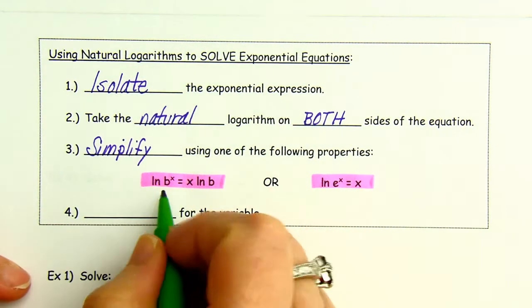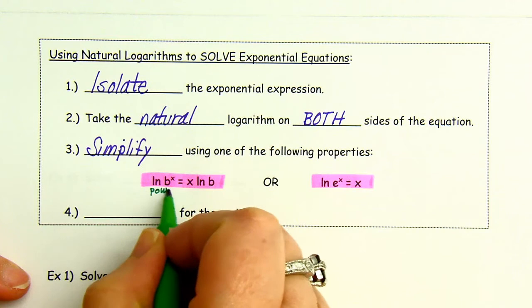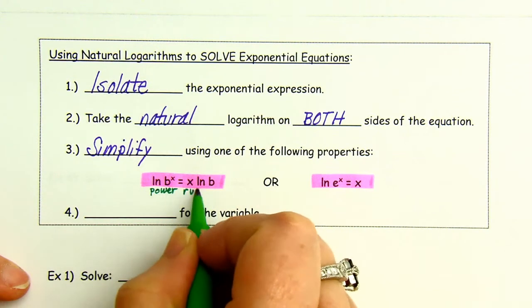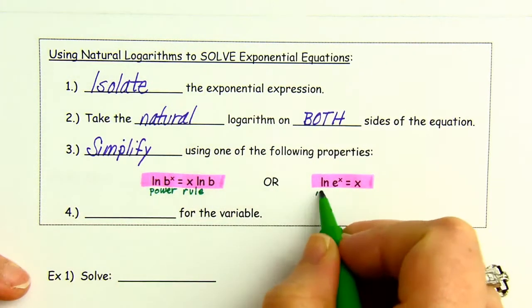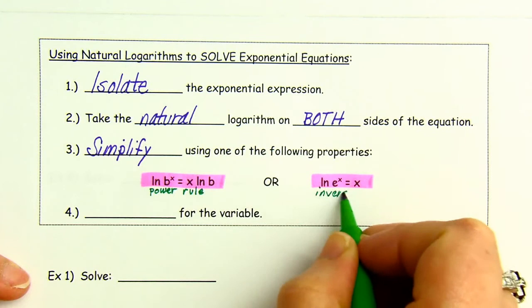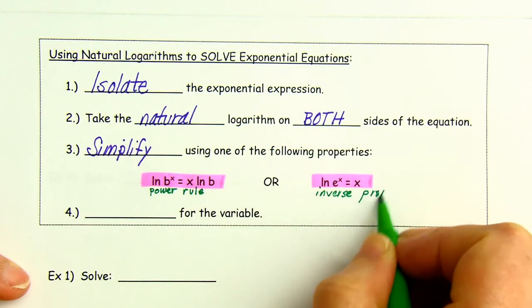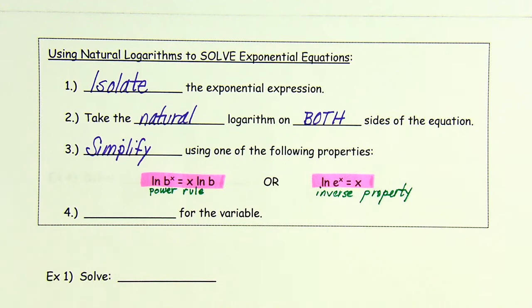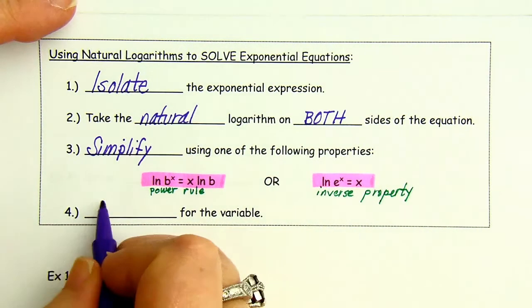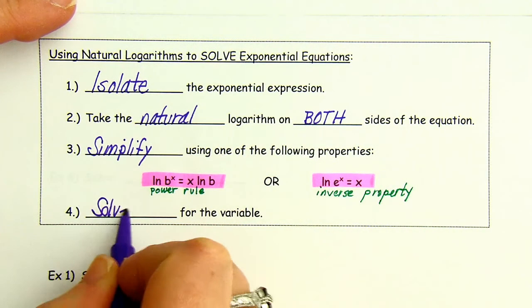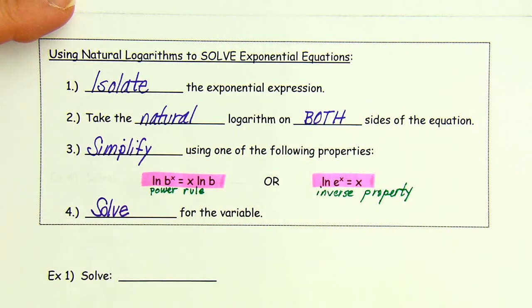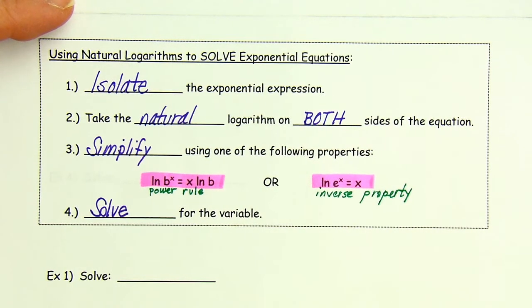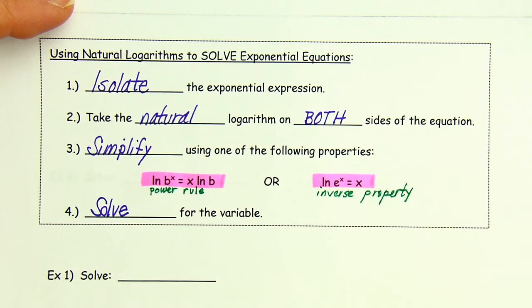So this one here is the power rule, and this one is the inverse property. And then finally, solve for the variable. Now, these are equations. You're going to get solutions, so you need to use set notation. Keep that in mind.